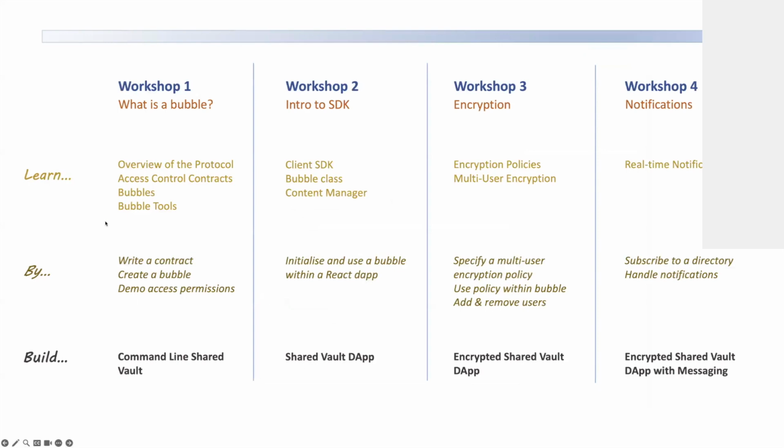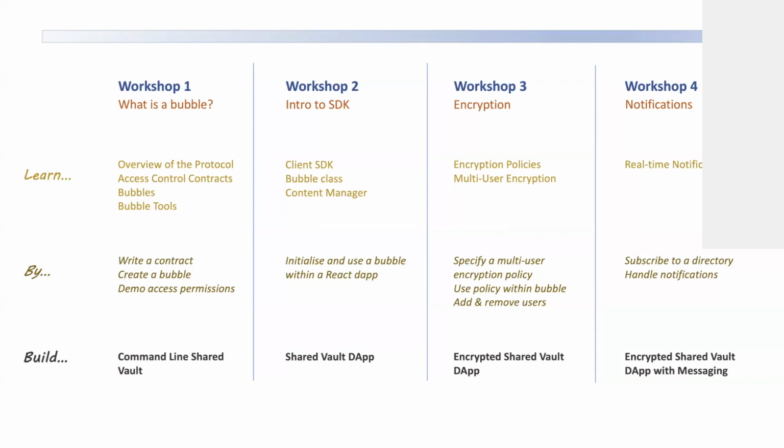So this is what the workshop plans look like. This is workshop 1. We're planning to build throughout these workshops. So we're going to start with a command line version of the Vault, which will introduce the Bubble Tools command line interface.